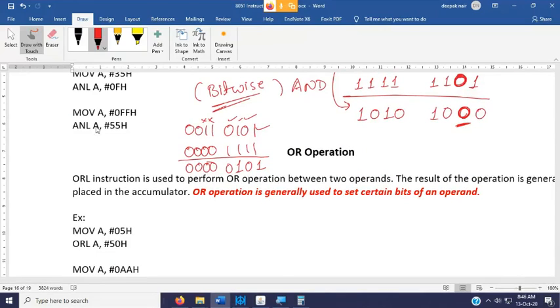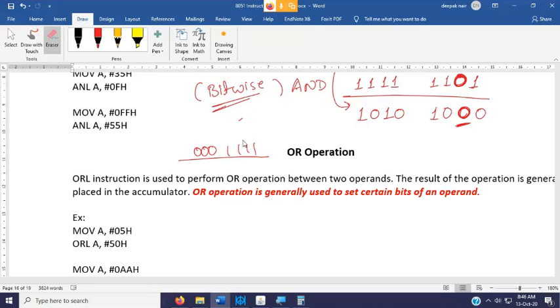Now coming to the OR operation. Similar to AND, we have the OR operation, where we do bitwise ORing. Clear, no issues. But generally the OR operation is not commonly used for just ORing some bits. It is used again for making certain bits 1, or to set certain bits.